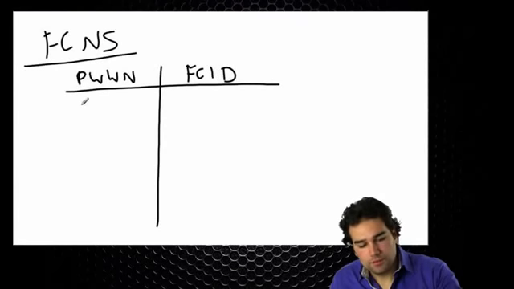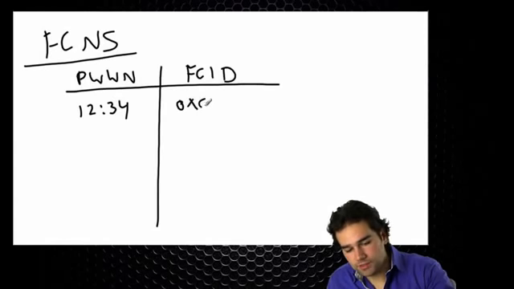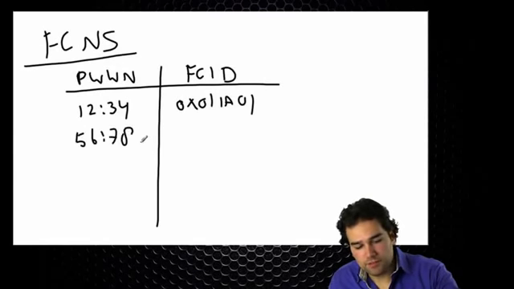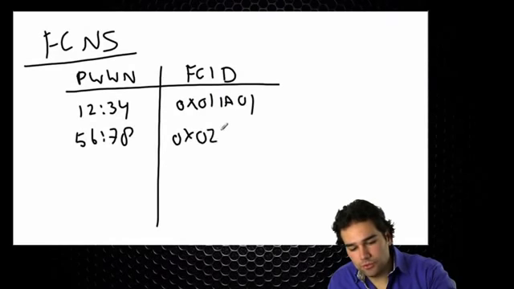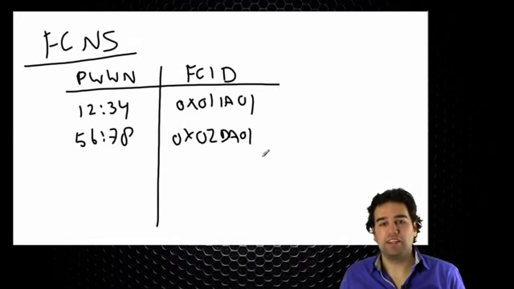So it says port worldwide name 1234 is 0x011A01. Port worldwide name 5678 has 0x02DA01. Just DNS entries.